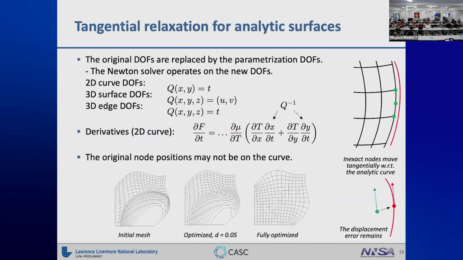Another thing, this was related to the boundary conditions I started with. If you want to do an ALE thing, you need this tangential relaxation also during mesh optimization. We do it exactly, in the sense that we eliminate some of the degrees of freedom on the boundary. We change the representation through the parametrization so that it moves correctly, and then it moves to the derivatives.